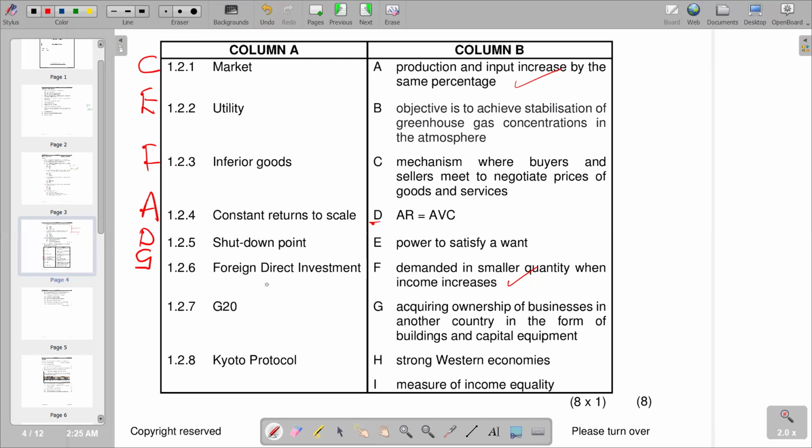Then on the G20, we know that this is a group of countries, and they bring together the world's major and systematically important economies. They constitute the biggest countries that we have in the world, and this is supported by the statistics, which say its members constitute 85% of global GDP, which is global gross domestic product, the total monetary value of goods that are produced by each and every country.